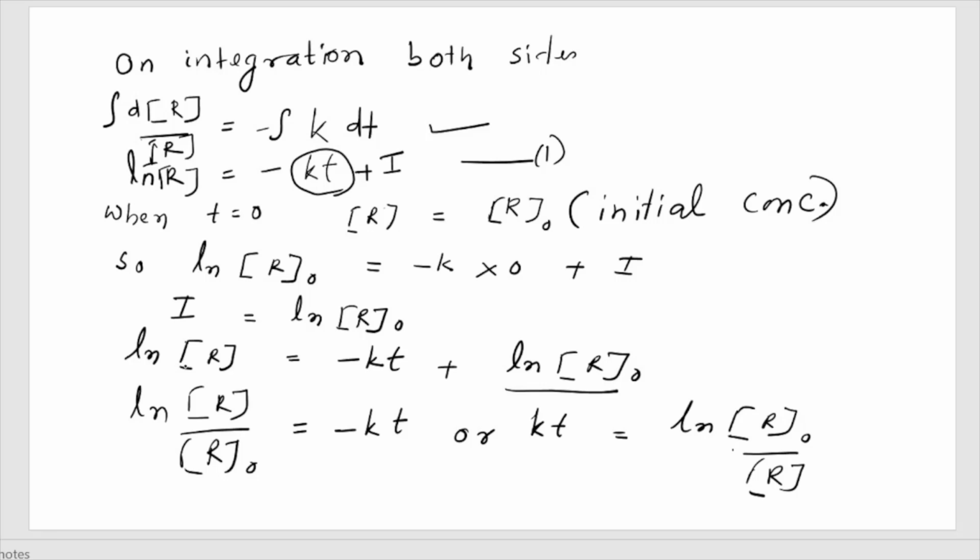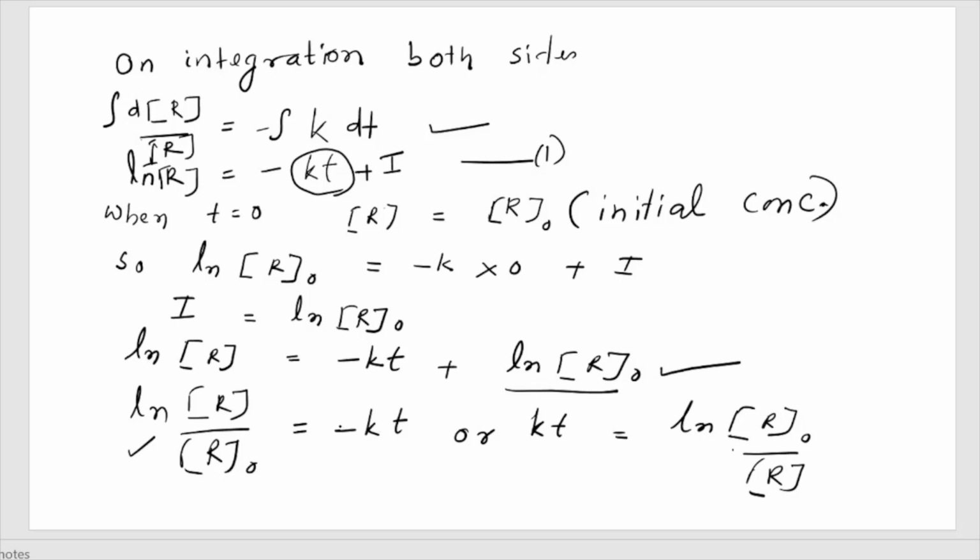Instead of I, you put the value in terms of concentration. If you take the [R] concentration to one side, then ln[R] divided by [R]0 equals minus kt.